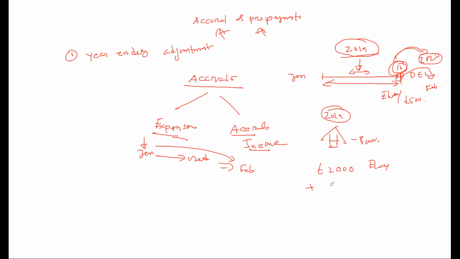Let's say that is £500. So the electricity expense is actually £2,500 for financial year 2019, even though in financial year 2019 we paid only £2,000 from the bank. Even though we didn't make the payment for the £500, it is still relevant for this particular period.